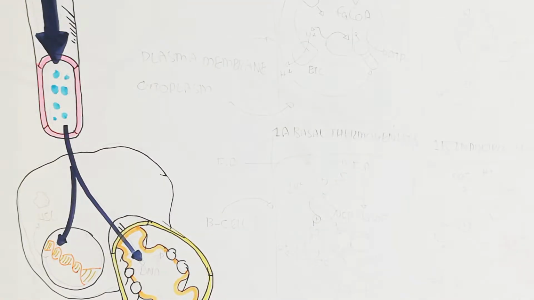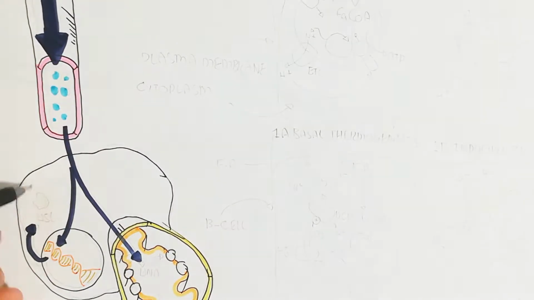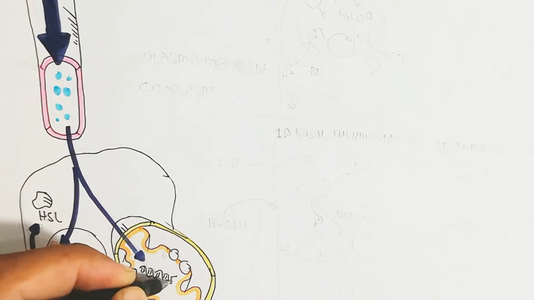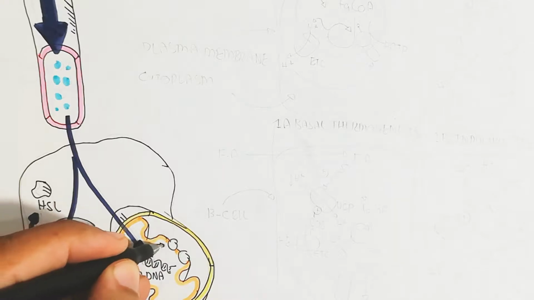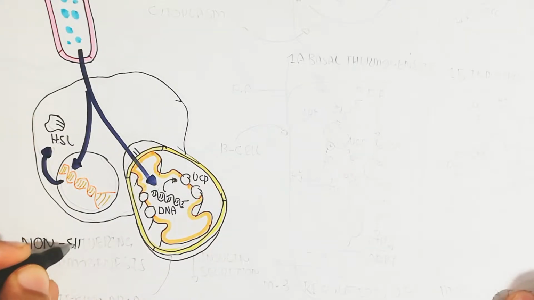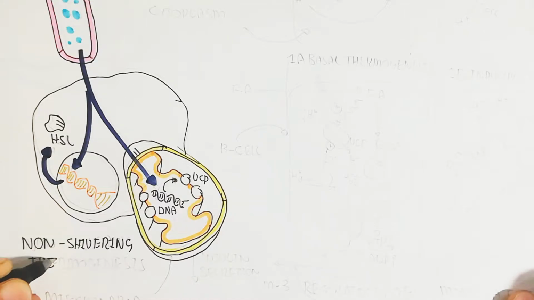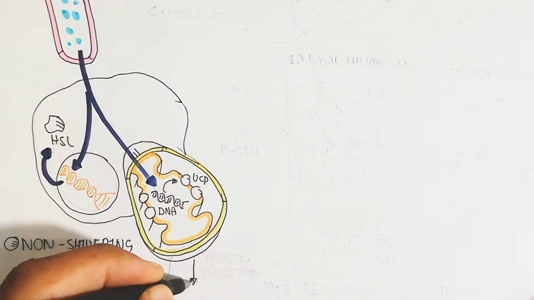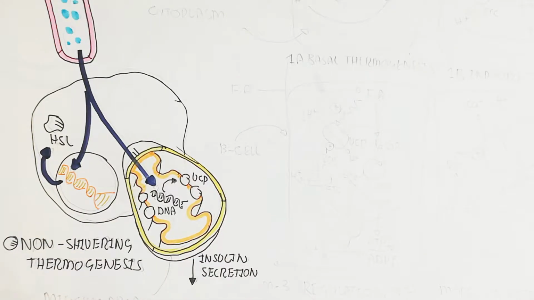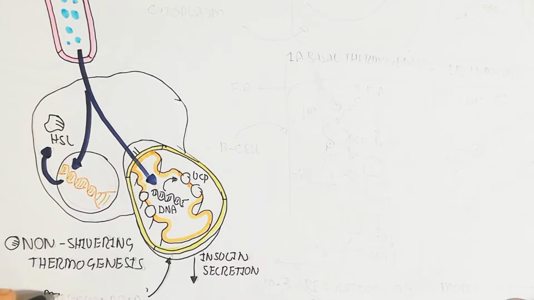In this way they target the DNA in the nucleus, which transcribes the hormone sensitive lipase enzyme as well as the UCP of the mitochondria. So non-shivering thermogenesis will occur due to the production of heat from the UCP in the mitochondria.